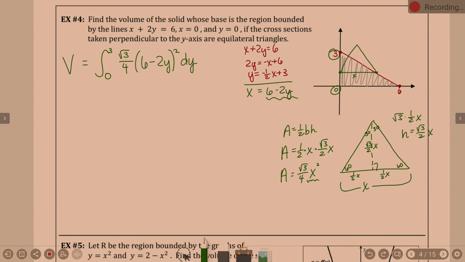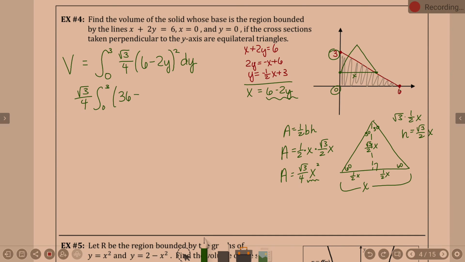Okay. I personally am going to pull that square root of 3 over 4 out front. And I personally am going to FOIL this out to integrate it. I saw recently where they did not FOIL this out, but it was on an easier one, though, so maybe they would here. Who knows? 36 minus 12y minus 12y.